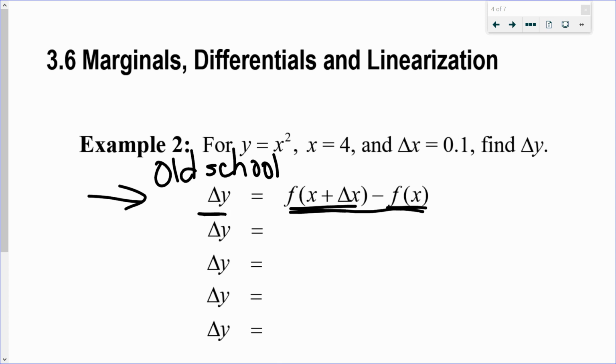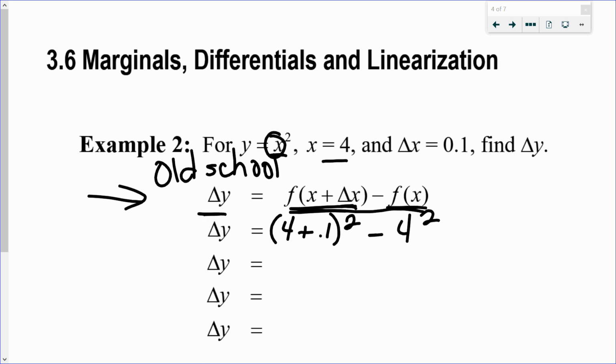So for this one, we have x is 4, and my function is x squared. So I'm going to take 4, then it says add delta x to it, so I'm going to add the 0.1, and I'm going to square it. Okay, we plugged all of that in, the x and the delta x, in where x was. And then we're going to subtract f of x evaluated at just x. So that is 4 squared.